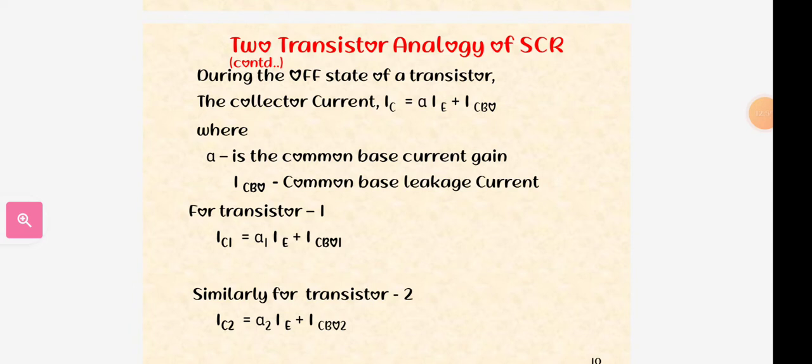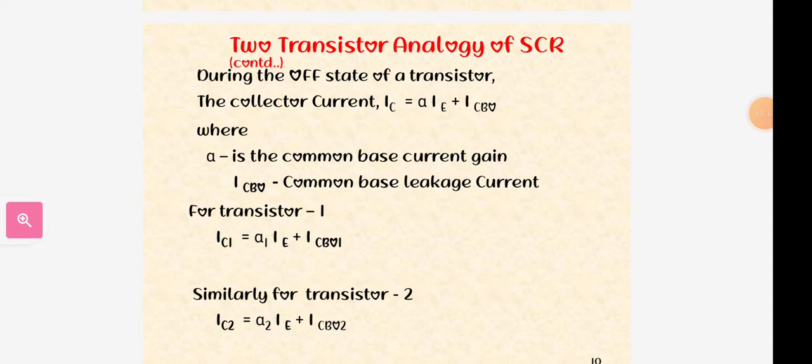Here alpha is the common base current gain and ICBO is the common base leakage current. For transistor 1 only, IC1 is alpha 1 IE plus ICBO1.